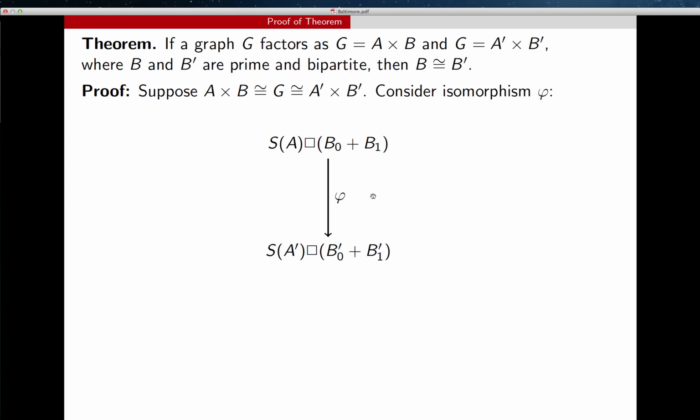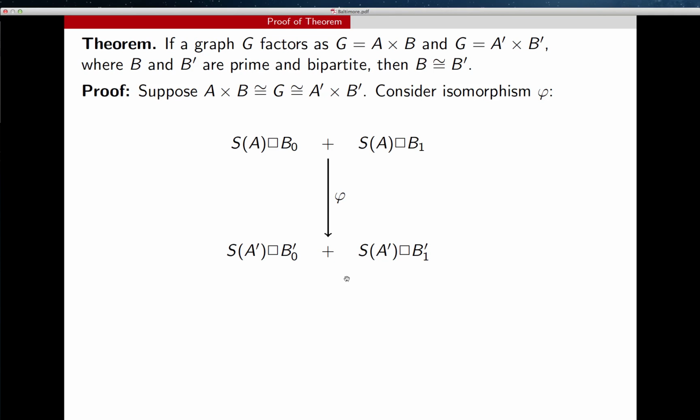Next, we're going to use the distributive property of the Cartesian product to distribute the S of A and the S of A prime into the parentheses. And we get a map phi that looks like this when we do that.